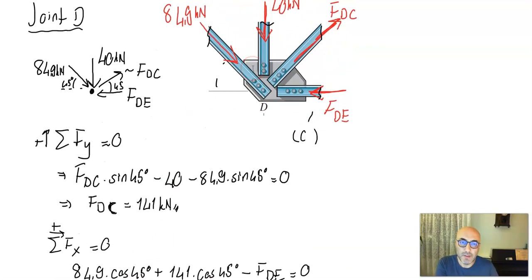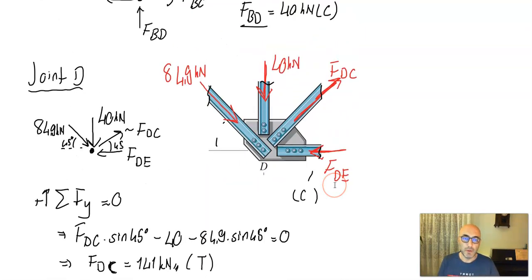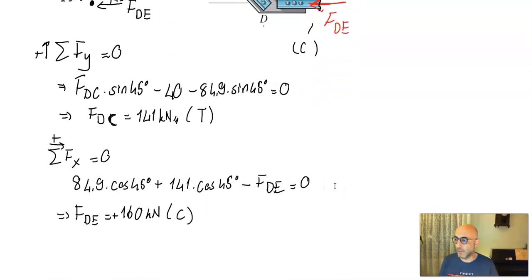For FDC, my initial assumption was that this is tension, making the applied force a tension on the element. So that is a tension. Okay, so we can make a summary of all these results now.